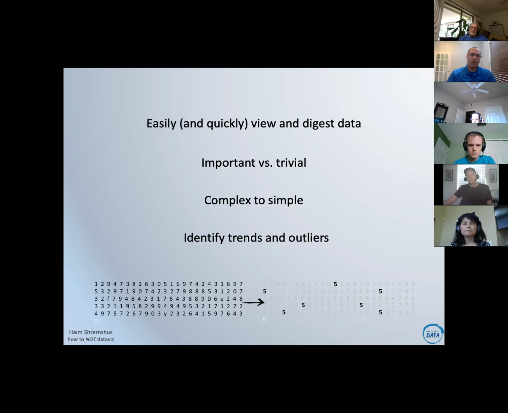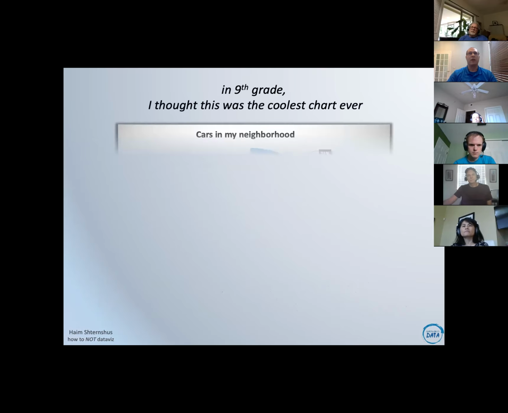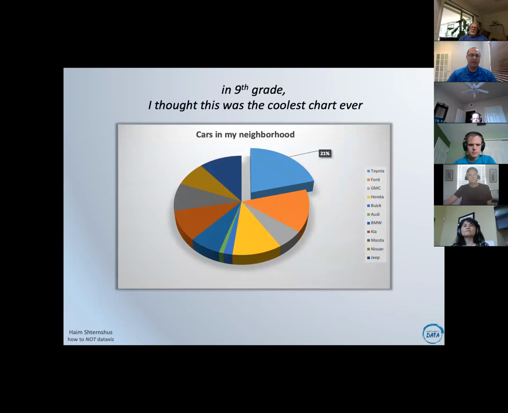Yeah. Well, let's talk a little bit about the specifics of data visualization. And I'll go back to my early childhood when I was young and easily impressed. I thought that a 3D pie chart was the best thing ever. Okay, it had a 3D effect.